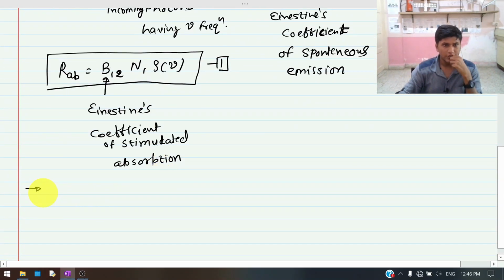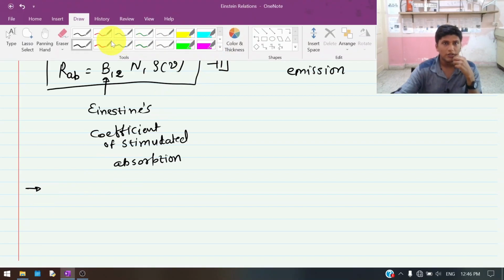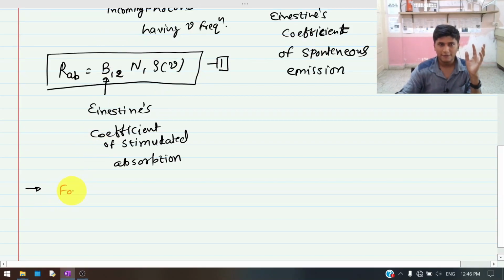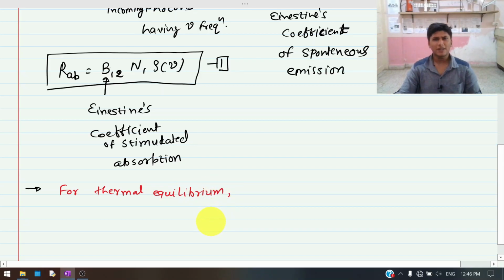What we want to do is, for a thermal equilibrium case, what do we mean by thermal equilibrium? Basically, for the time being, the temperature of the body does not change. That is called thermal equilibrium.